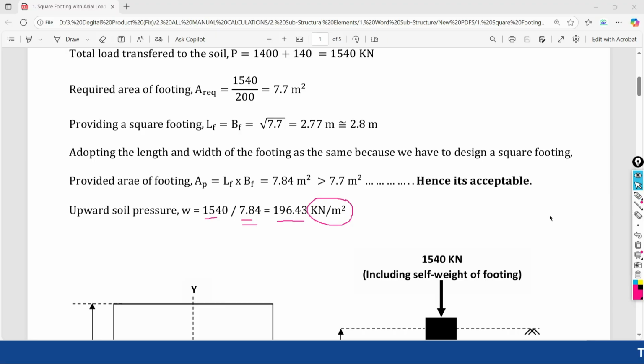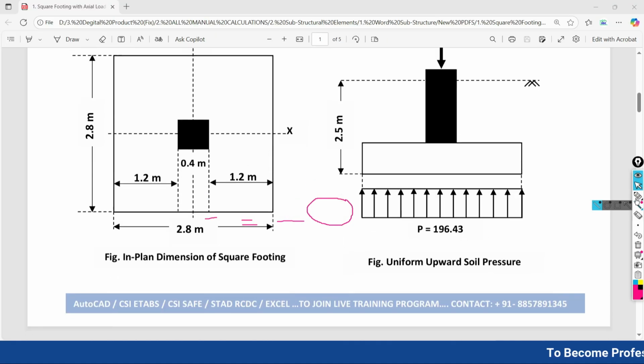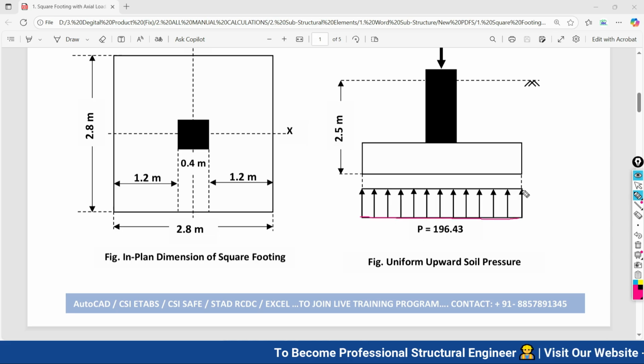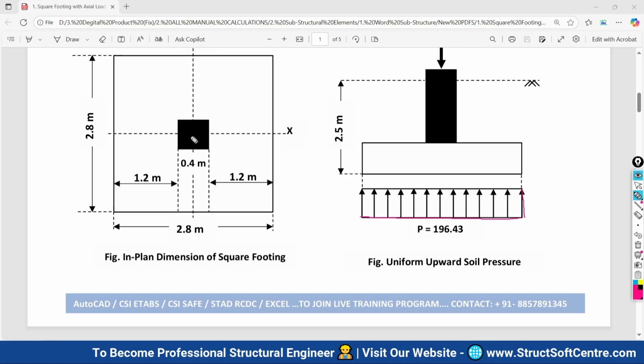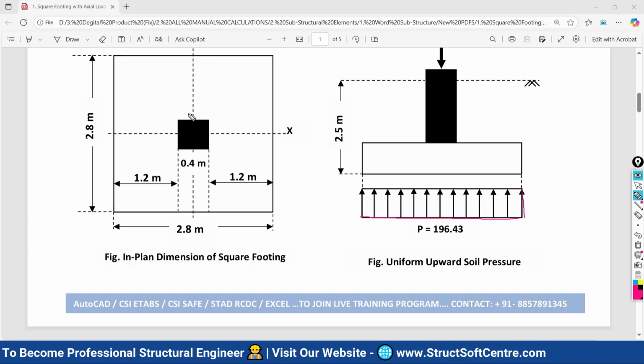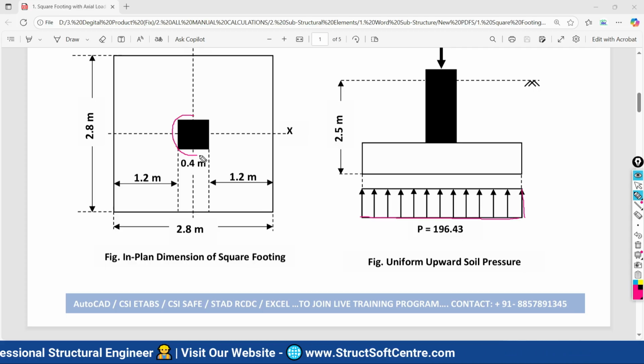This is the upward soil pressure, and it is uniform from this end to this end. It is of uniform intensity. Why? Because your footing is a square footing, and your column rests at the center of the footing.